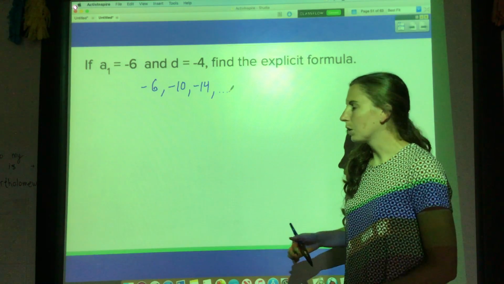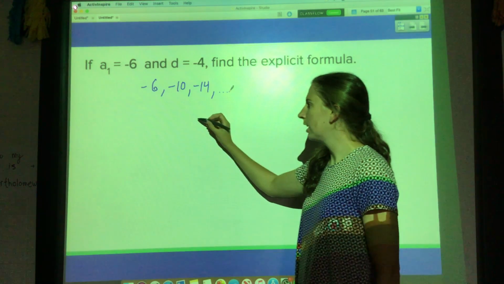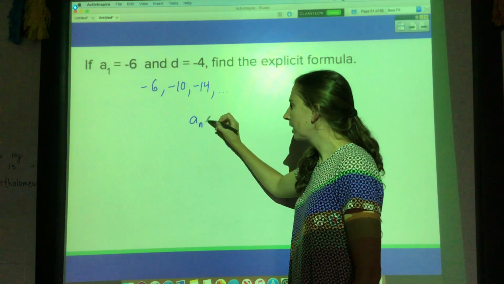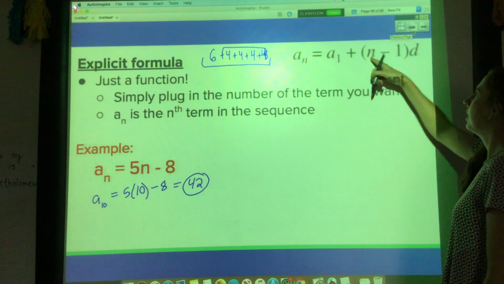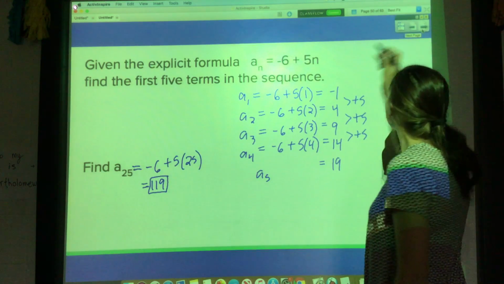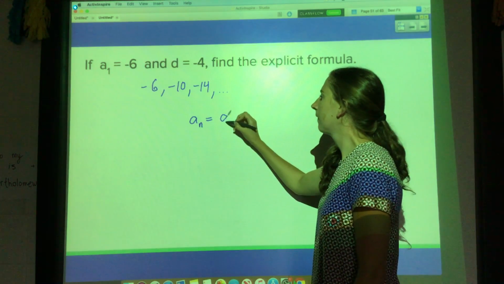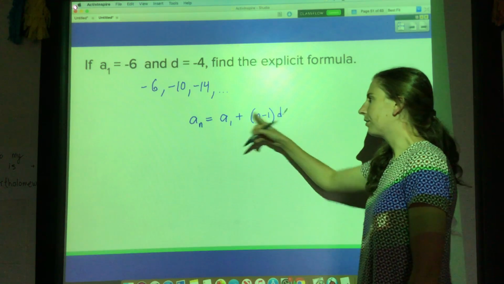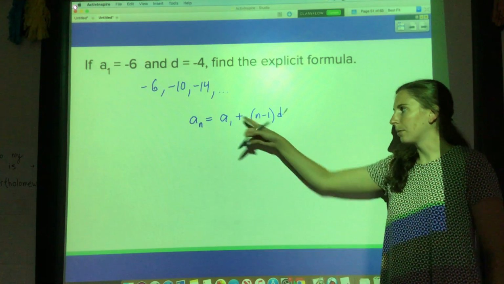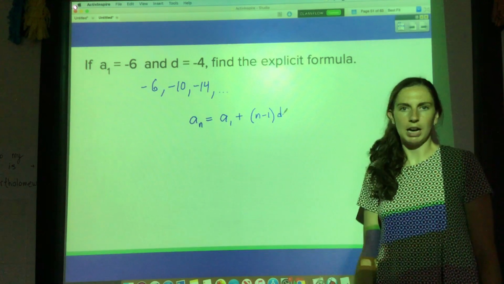All right, so really you can just follow your formula on your formula sheet. It looks like this. So A1 plus n minus 1 times d. The d can go in front or behind, it doesn't matter, and the plus A1 can go in front or behind, it doesn't matter.